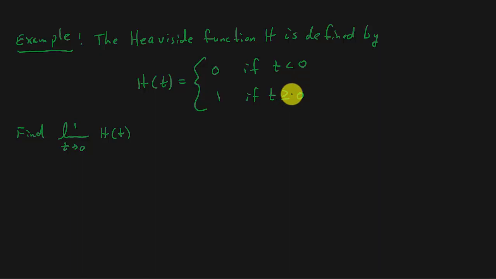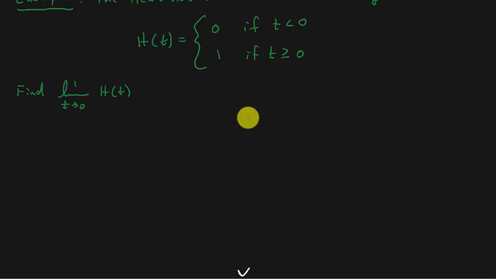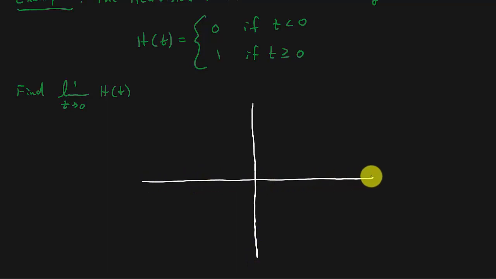So sketch the graph of this thing. So if we graph this thing, let's do that. So there's 1, there's 0.